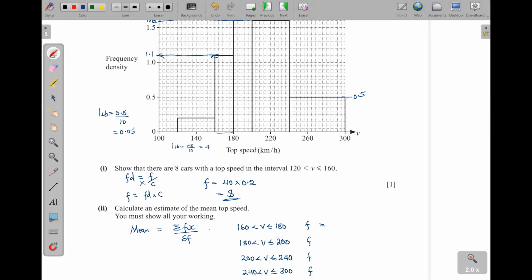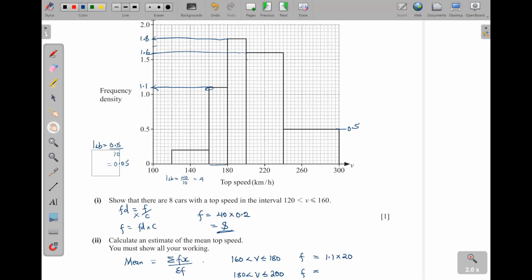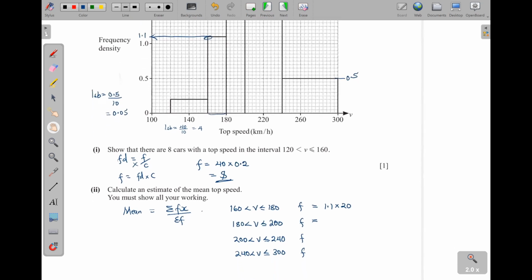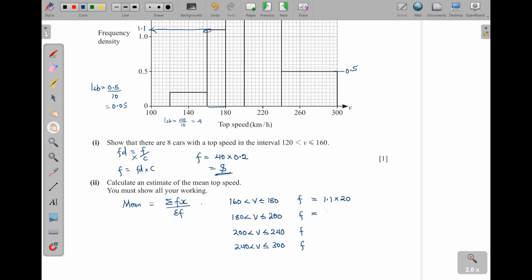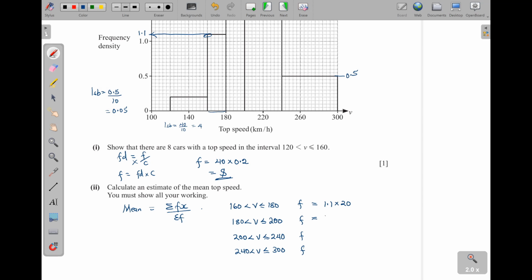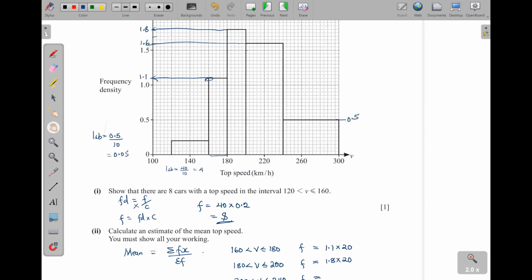So we have 1.1 times 180 minus 160, that is 20. And then the next one, we are having 1.8 times 20. Then the next one here, which one is the next one?